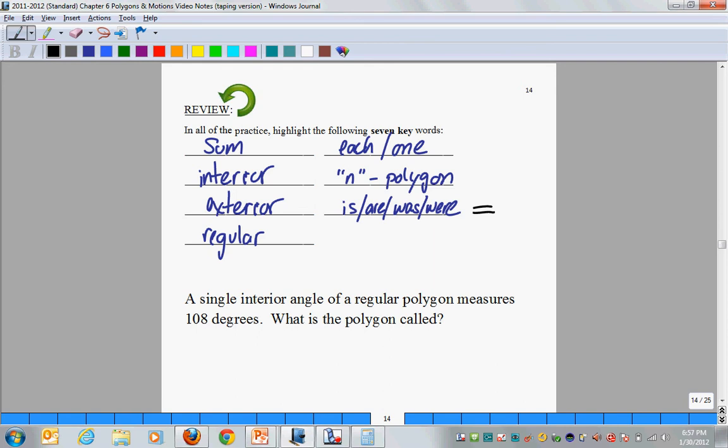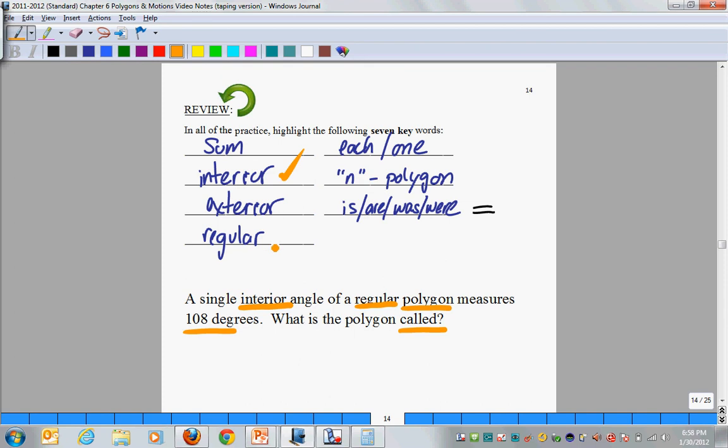Now let's finger track and read the problem here, underlining the buzzwords as you see them. It says a single interior angle of a regular polygon measures 108 degrees. What is the polygon called? So we have here the interior.